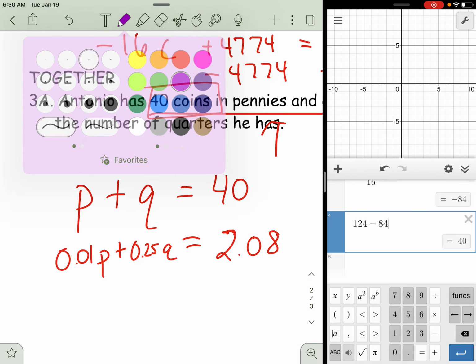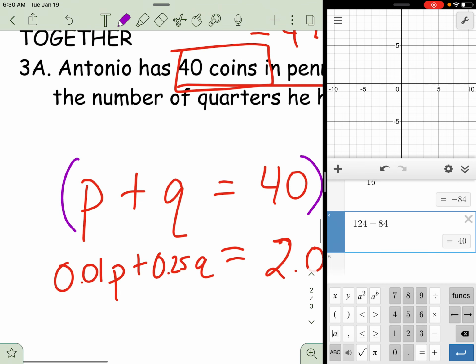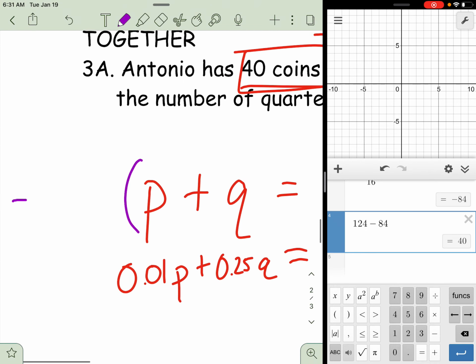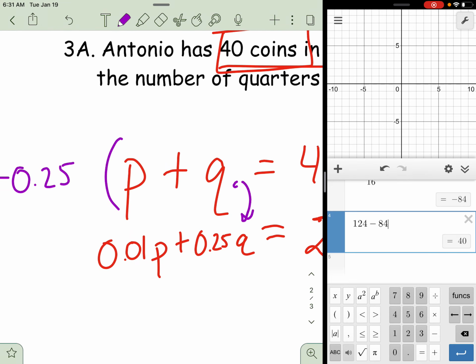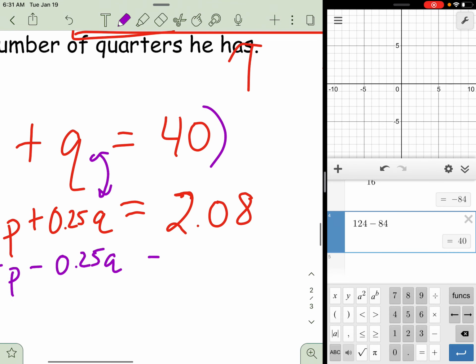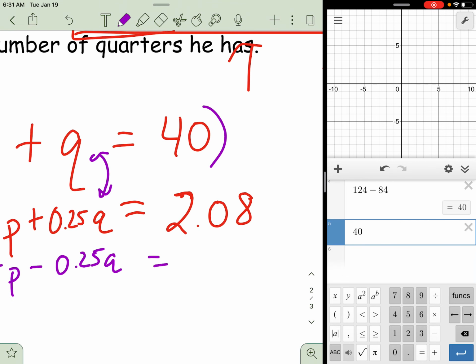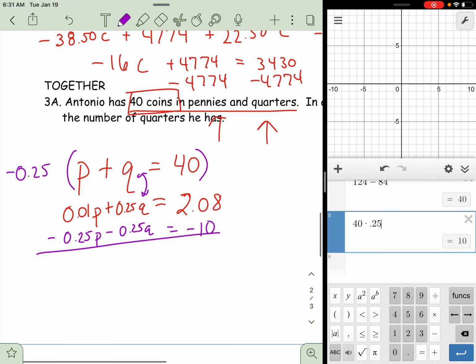All right, so this one, why don't we do this one with elimination? So again, working with decimals just like the last one, but we're just going to eliminate. So this one, I'm going to multiply it times a negative 0.25. Okay, and that's basically going to match up these quarters, right? So that gives me negative 0.25p minus 0.25q equals 40 times 0.25, which is 10 because it's just a quarter of it, and that'll be negative 10.